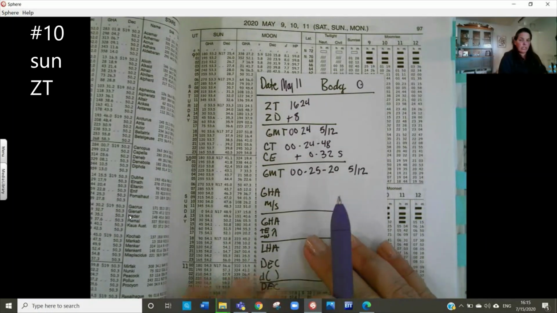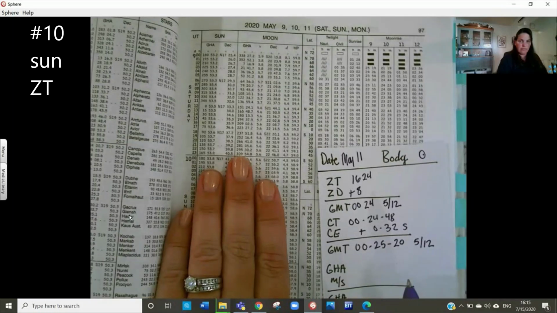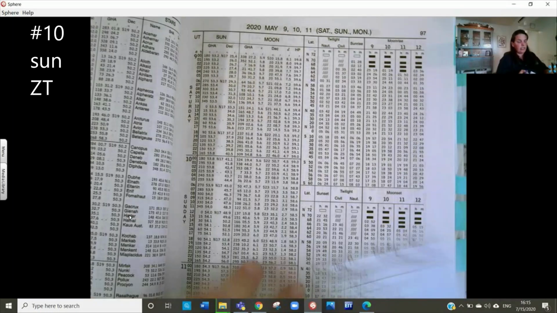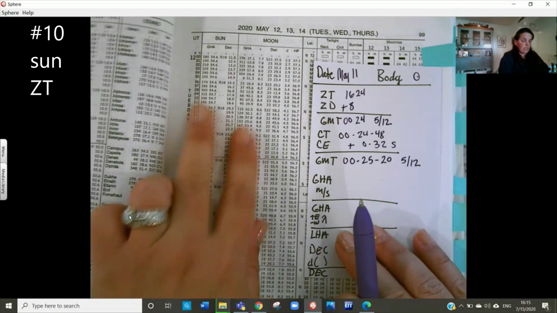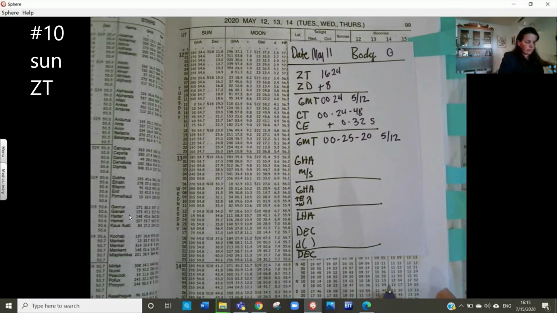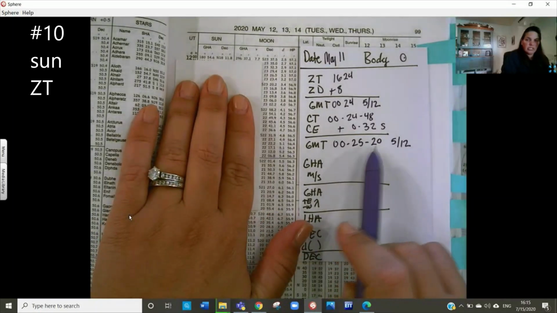So now we can go to the Nautical Almanac. I am at 9, 10, and 11, so I need to switch over to the 12th. And on the 12th, we are looking at 00 and then 25:20.